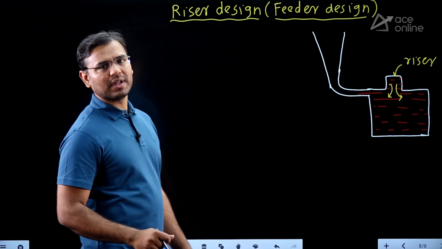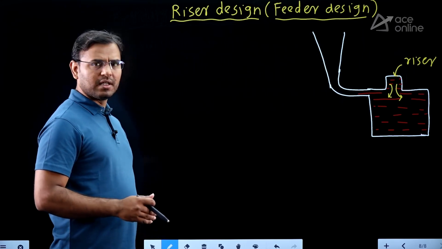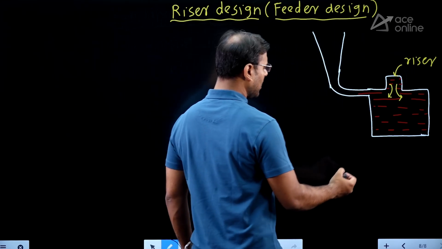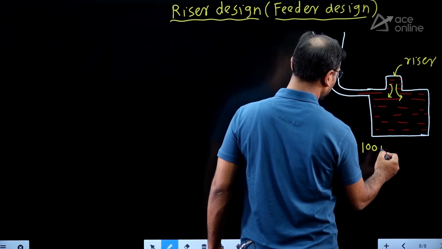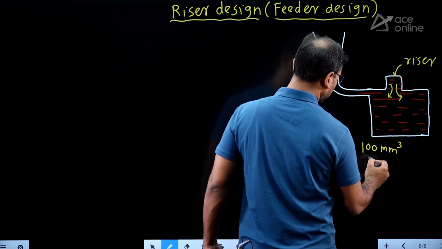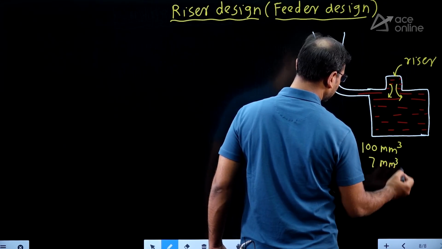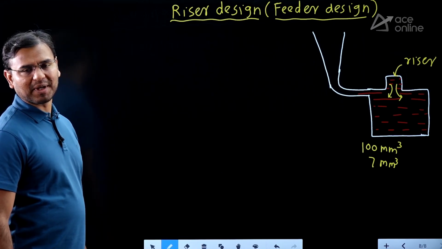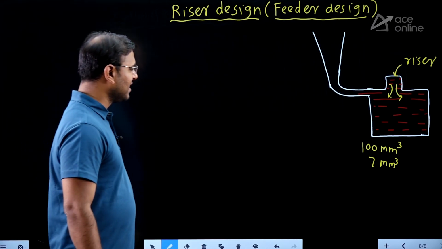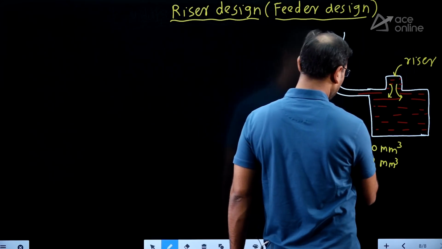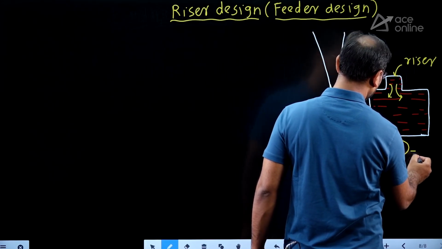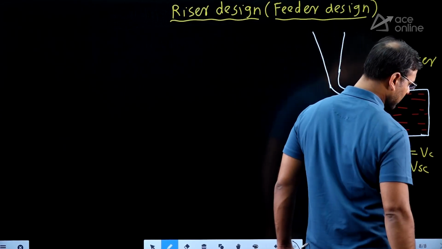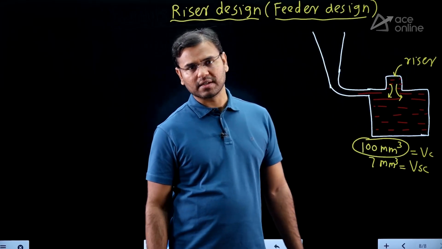Just consider that if 100 millimeter cube of molten metal is poured into the casting cavity and the shrinkage is 7 millimeter cube, then the riser is going to supply the same 7 millimeter cube of molten metal. Therefore we maintain 100 millimeter cube of volume, which is the volume of casting, and 7 millimeter cube is the shrinkage volume.